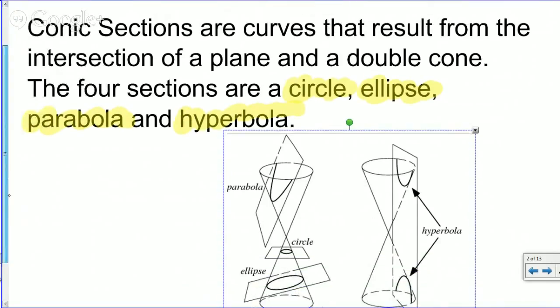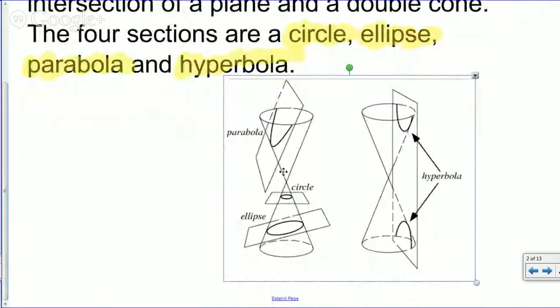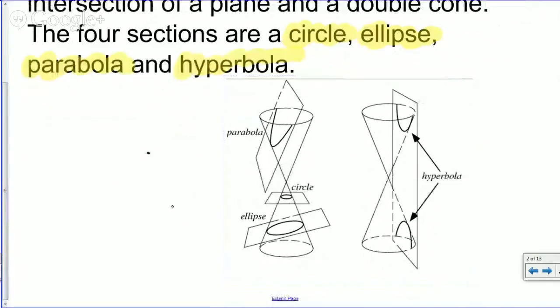So below here, I've got kind of a picture of what's happening. You've got your double cone here, kind of one stacked on top of each other, and these will extend on forever.